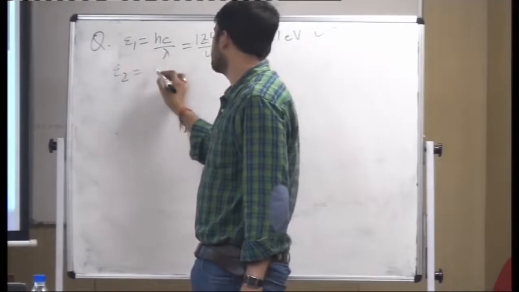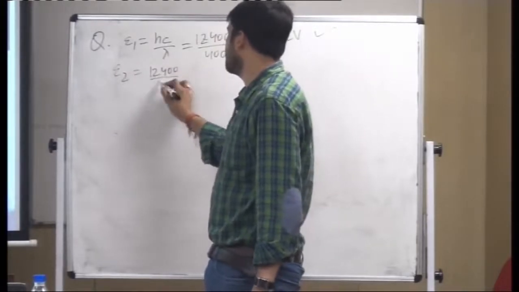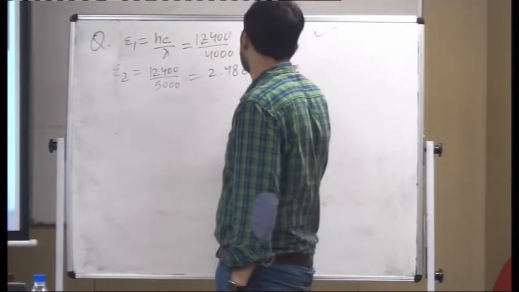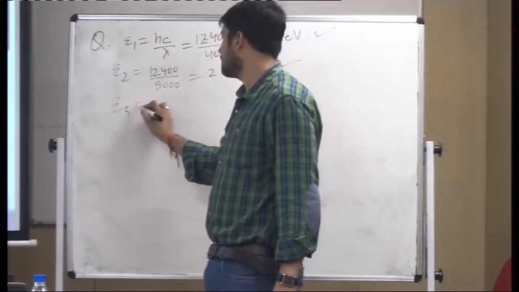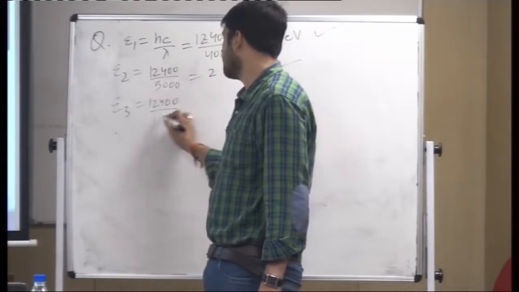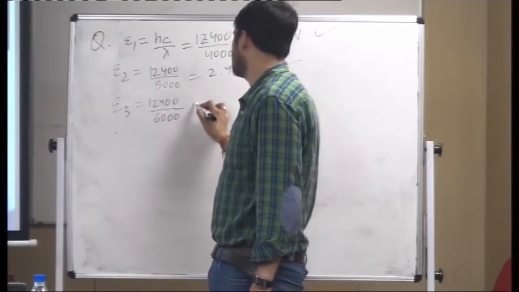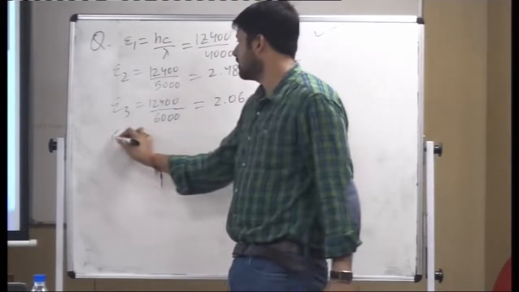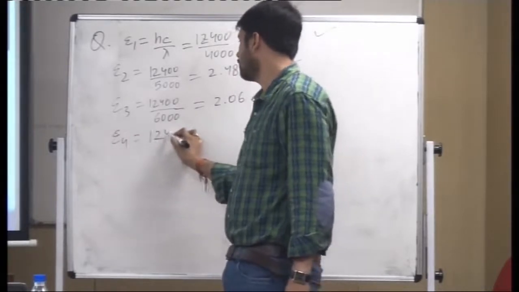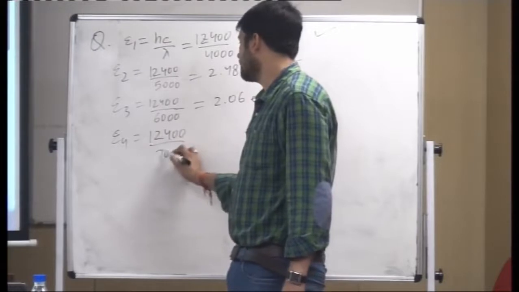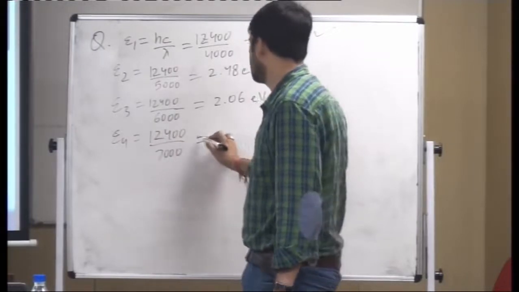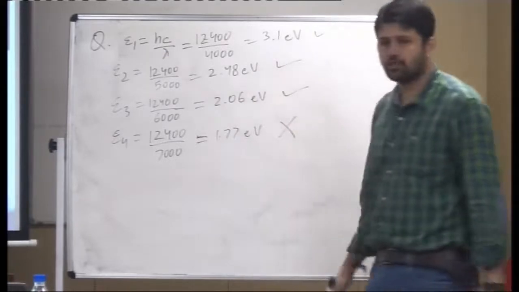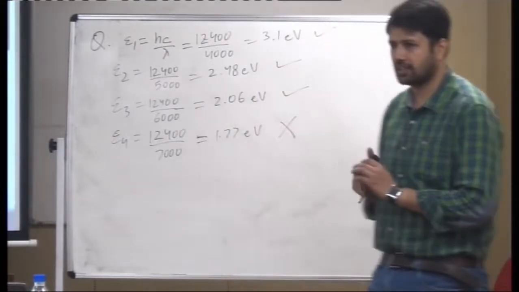For E2 it is 12400 by 5000, it is 2.48 electron volt. Definitely. E3 is 12400 by 6000, this is 2.06 electron volt. Definitely yes. E4 is 12400 by 7000, this is 1.77 electron volt. No, this won't be able to cause the photoelectric effect, right?